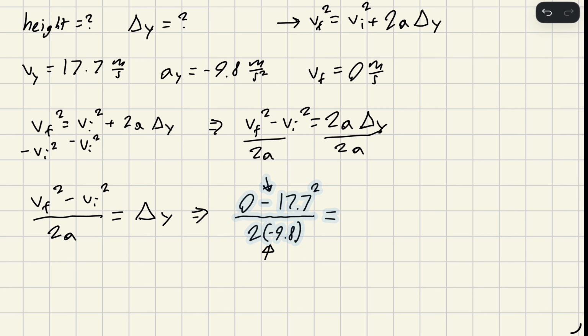A negative divided by a negative is a positive, and so we know we'll end up with a positive value, which makes sense because we're going to have a maximum height, which if we're still defining up to be the positive direction, should be a positive number. But if we plug this into the calculator, we get an answer of roughly 16 meters as the maximum height.